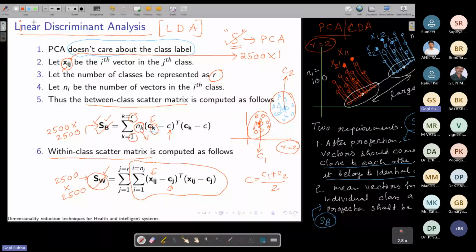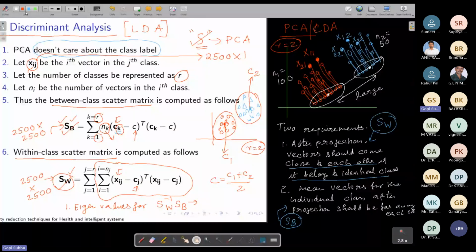So the steps are, after computing this SB and SW, we need to find out the eigenvalues for SW inverse SB. And the other procedures are exactly the same. Once these eigenvalues are computed, you have to arrange them in decreasing order, lambda 1, lambda 2, and so on up to lambda 2500.